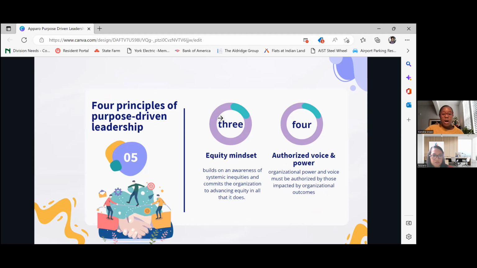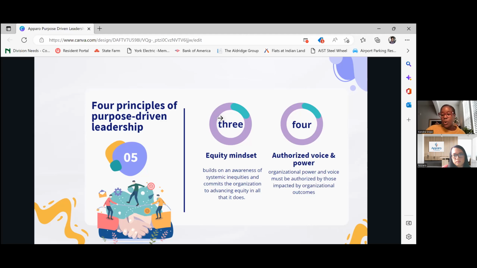When we talk about 3 and 4 of the 4 principles, we come to equity mindset. Equity mindset builds on the awareness that in most cases there are systemic inequities that we're constantly fighting against, and the organization commits itself to advancing equity in everything it does.